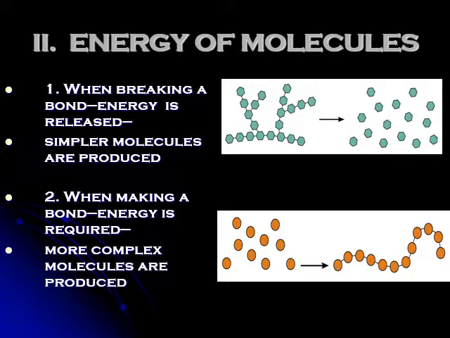So you're going to be making more complex molecules in the end, and you'll notice with these that now we have the bonds back in there again. It's because we added energy. We had simple molecules, we add energy, we get more complex molecules. If you start off with complex molecules and you break them down into simpler ones, it's going to release energy as you break those bonds. So there's lots of energy stored in those carbon-carbon bonds.